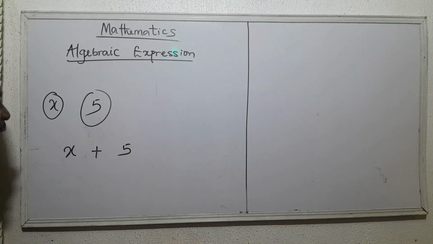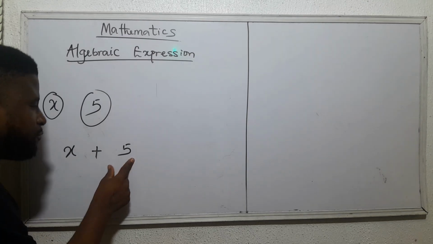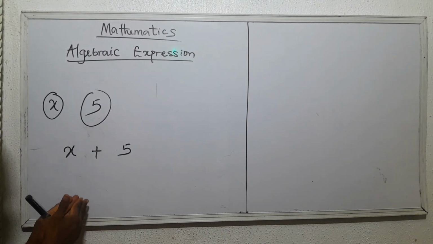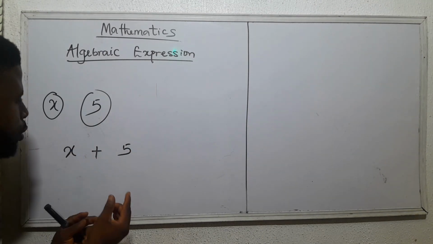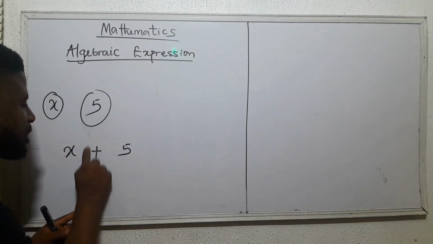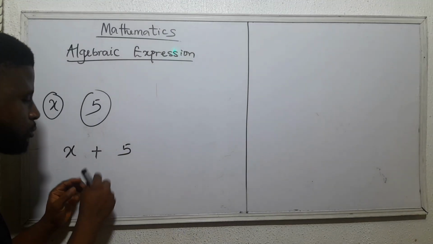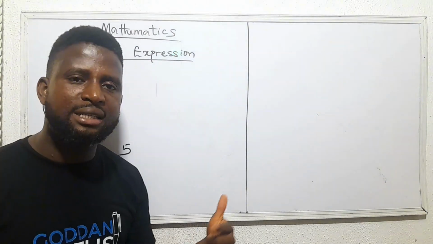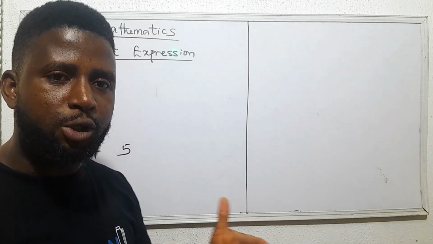So we now have x plus 5, which is an algebraic expression which contains two terms but connected by the operator plus. So we then look at what a term is and what an operator is.